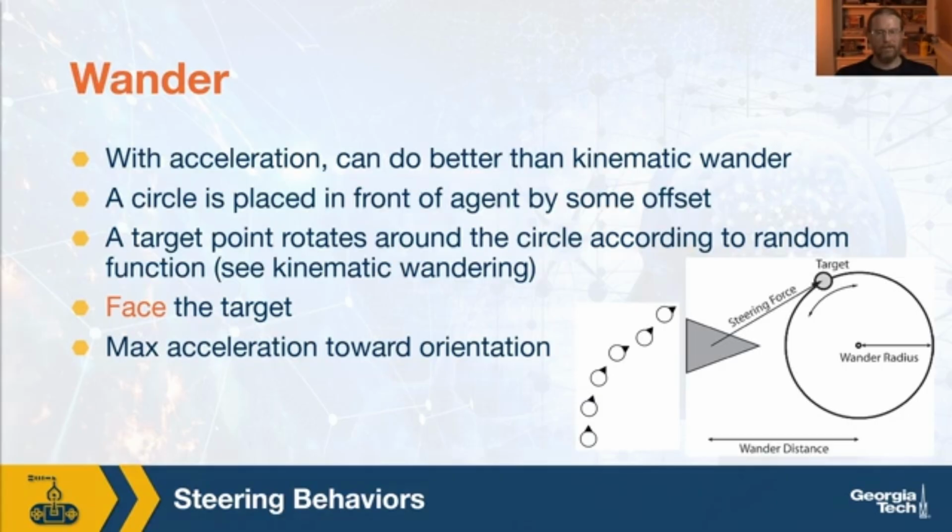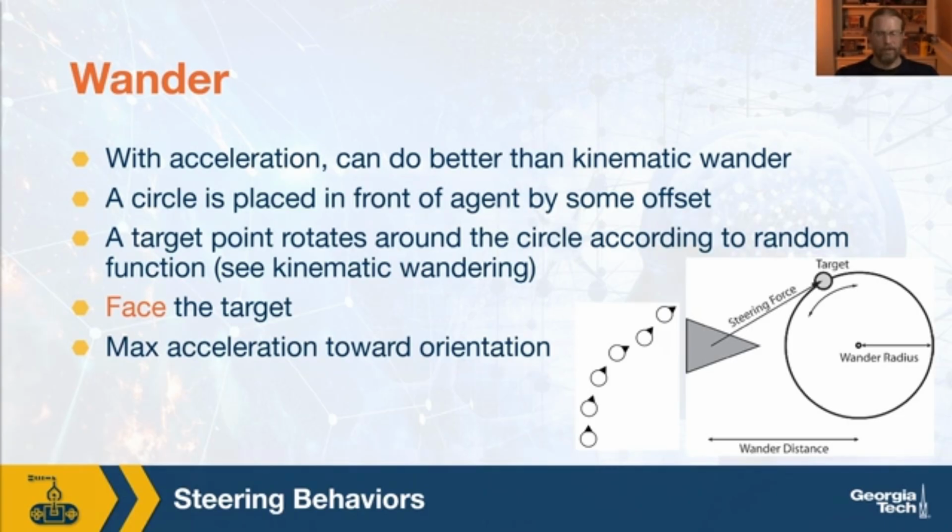So even if it changes direction back and forth quickly on the circle, if it doesn't rotate very much, that's not going to have a big impact on the steering direction of the agent. So you'll tend to have these kind of gradual meandering turns of the agent, and it looks much more natural, especially for a human NPC that's just casually walking through a town or a village.